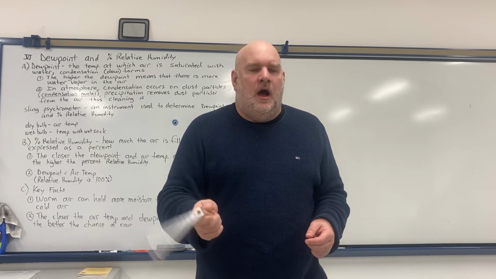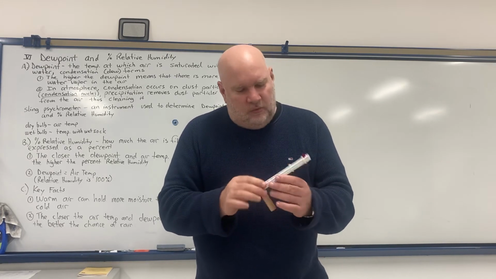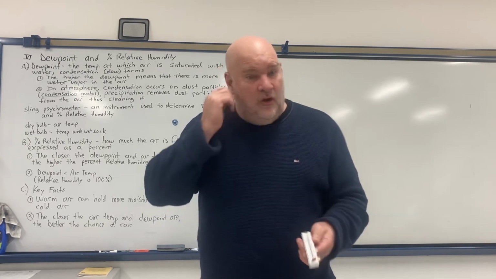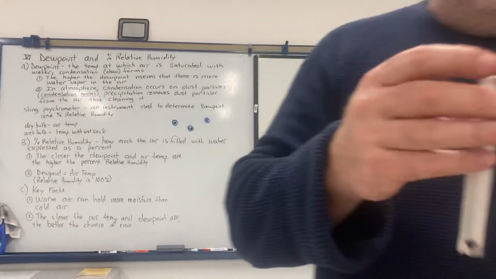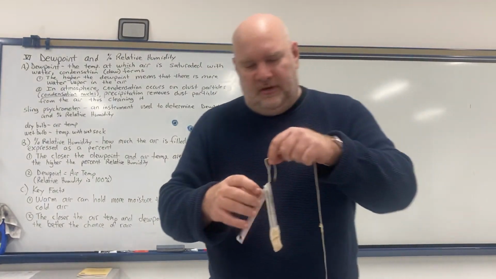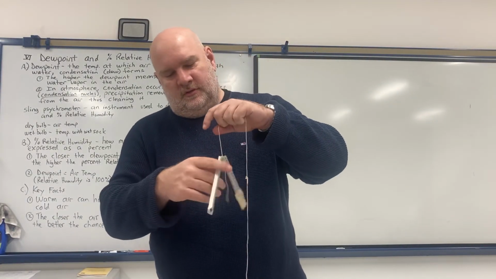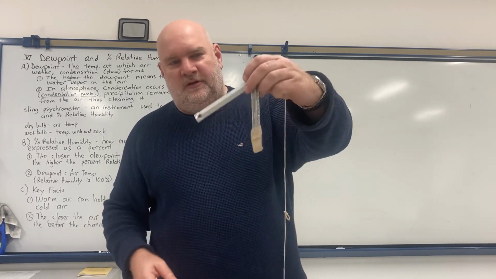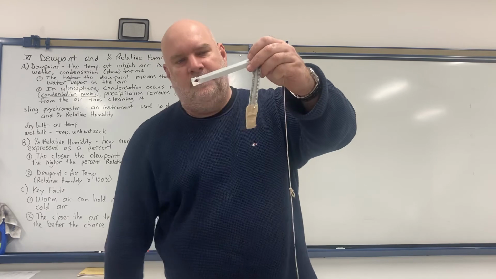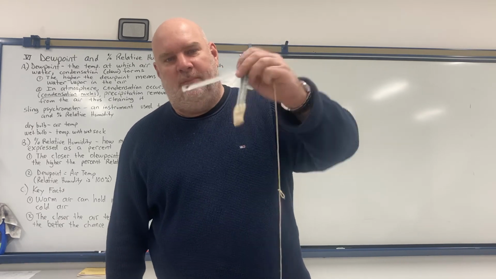Now, one of the thermometers here actually has a crack in it, so I'm going to use a substitute one. Here is the ShimQ Econo sling psychrometer. So I have one regular thermometer, and the other one I taped some paper towel to the end of for my wet bulb.